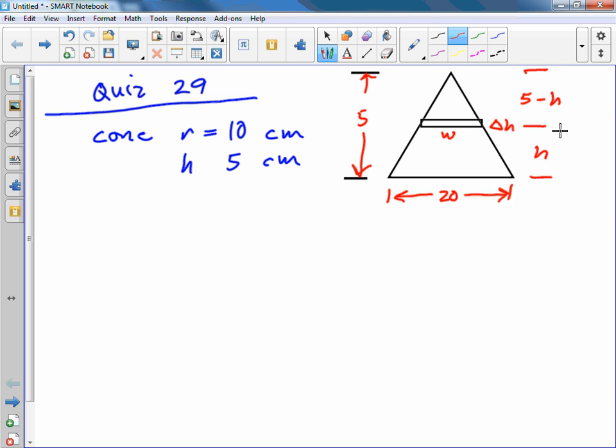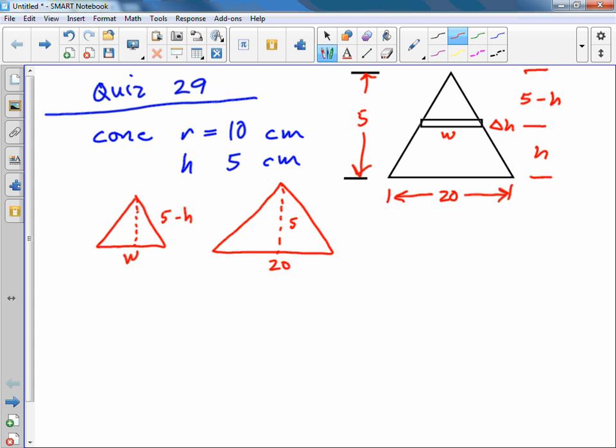All right, well, so we can say that let's use similar triangles. If we have one little triangle on top that's W and whose height here is 5 minus H, we can have a bigger triangle sitting next to it whose height is 5 and whose width is 20.